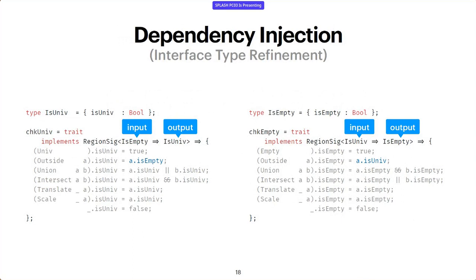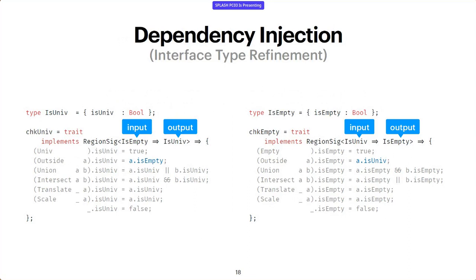And how does CP handle dependencies? We introduce a novel way to do dependency injection, like this. Here we can see the interface is instantiated by two types, separated by the fat arrow. We can roughly call the isEmpty an input and the isUnif an output. The input, the isEmpty, is actually not implemented in this trait, but we assume it is present.